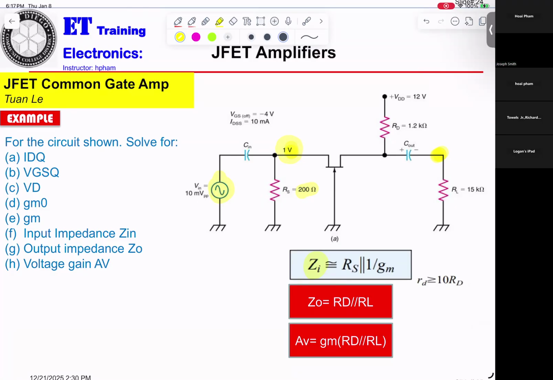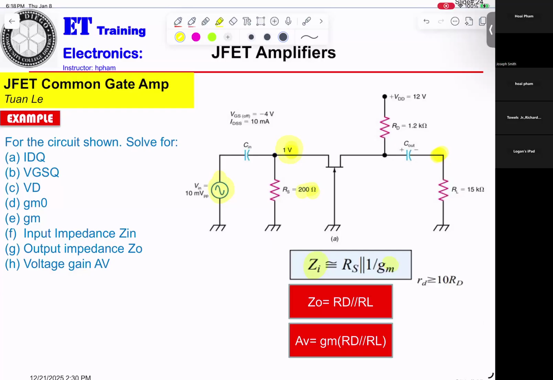That is the formula to calculate ZIN. So for the common gate, ZIN has a low input impedance. Is that correct? Right. So basically, you cannot say you're looking in here and say 200 ohms. No, it will be RS parallel 1 over GM.